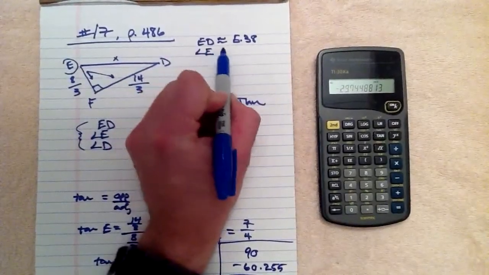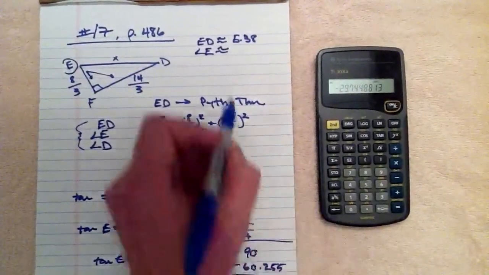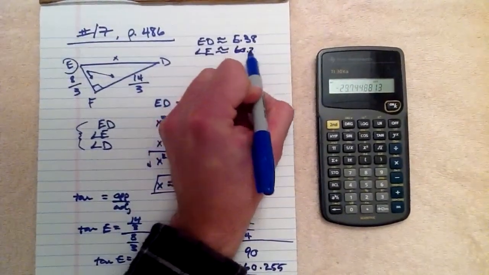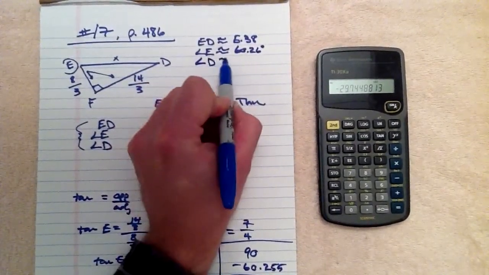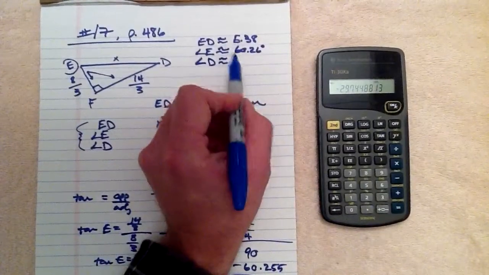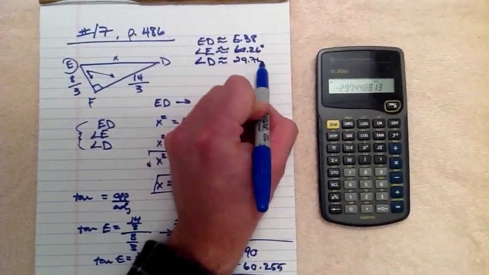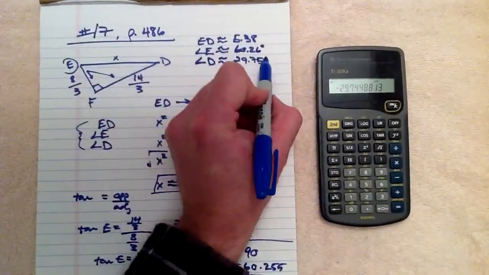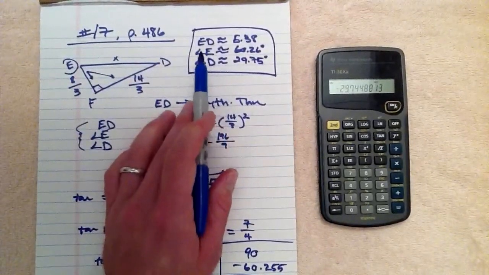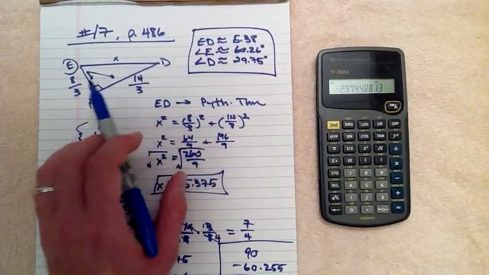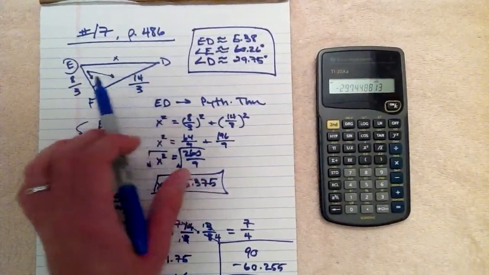Angle E is approximately, and these double squiggles mean approximately, it's not exact, 60.26 degrees, and angle D is approximately 29.75 degrees.